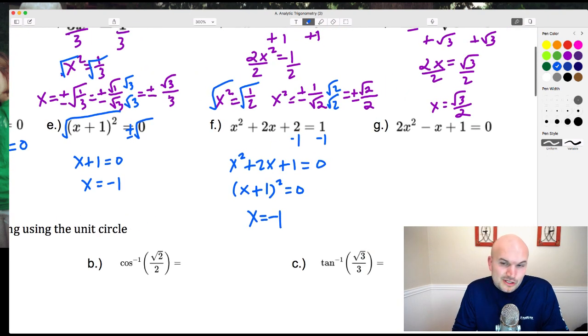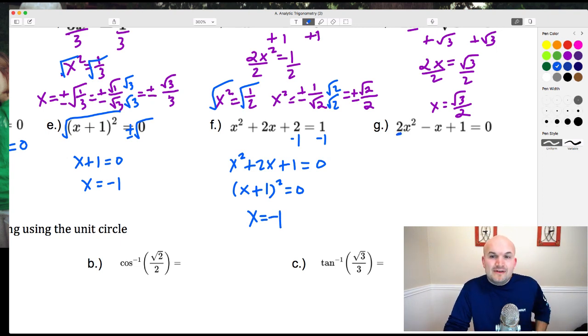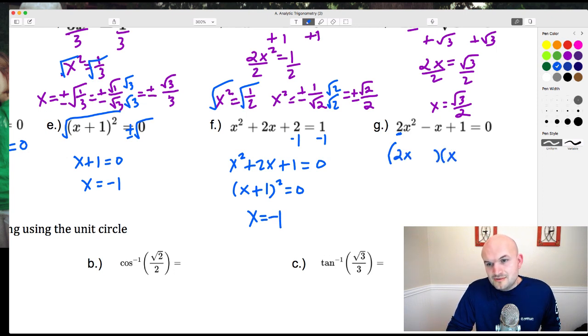All right, so now here's a good one. This one, because we have this a here, and usually nobody really likes trying to factor when we have an a. But we do have it set equal to 0, so that's good. I'm not going to work this out in some crazy math because we should be fairly comfortable with factoring.